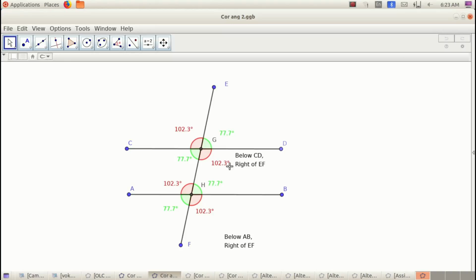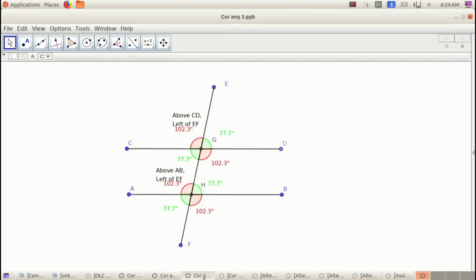Here we can see below CD parallel line, right of EF. Below AB, right of EF. Here also the same position. What about the angles? Angles are the same, 102.3, 102.3. In the first example, 77.7 and 77.7.